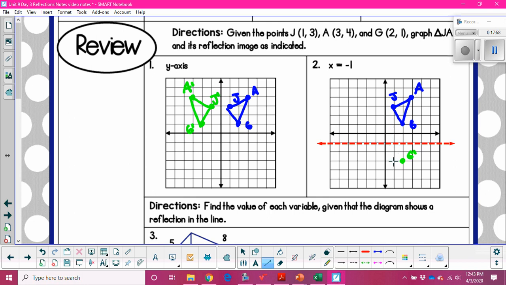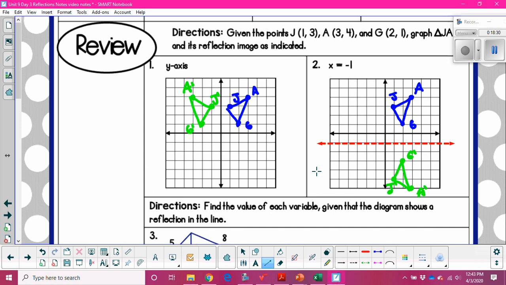So 1, 2, 3, 4. That is J prime. A prime is 1, 2, 3, 4, 5 away. So it will still be 5 away. So 1, 2, 3, 4, 5. So here is our reflection.